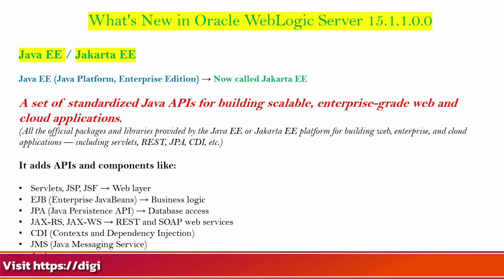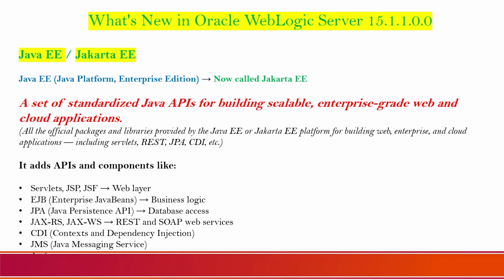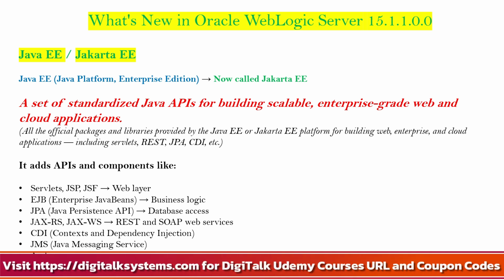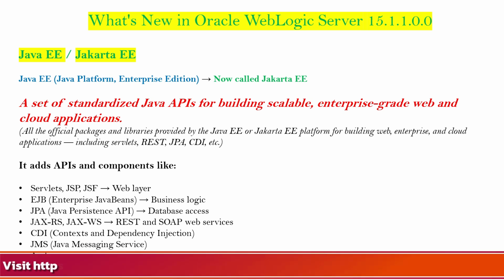These are all the official packages and libraries provided by the Java Enterprise Edition or Jakarta Enterprise Edition platform for building web, enterprise and cloud applications, including servlets, REST API, JPA, CDI, JMS configurations, and EJBs. So if you are developing an enterprise application for Java-based application servers like WebLogic, where you are developing your code specifically in servlets, JSP, JSF, or enterprise beans, EJBs, JPA for database connectivity, JMS, and many more enterprise features we have in a Java-based enterprise application server.